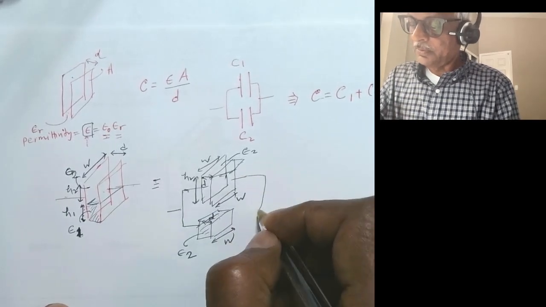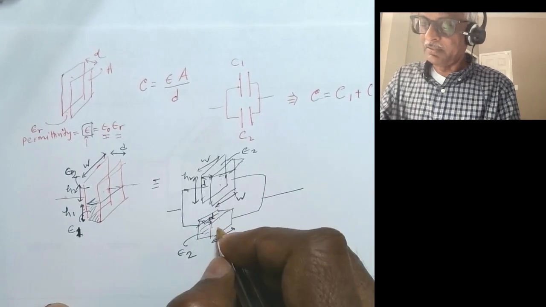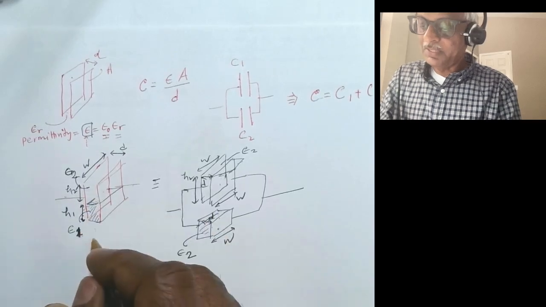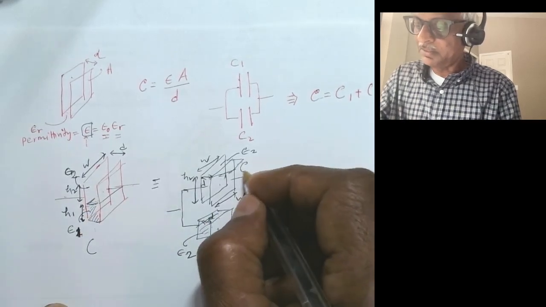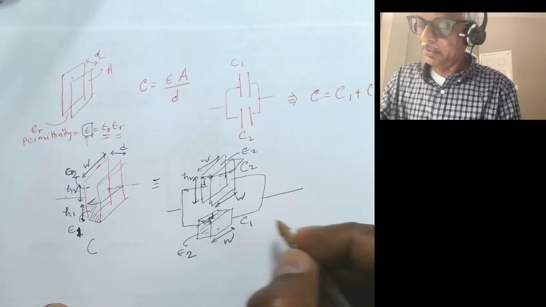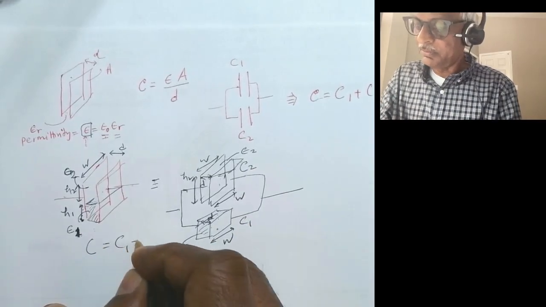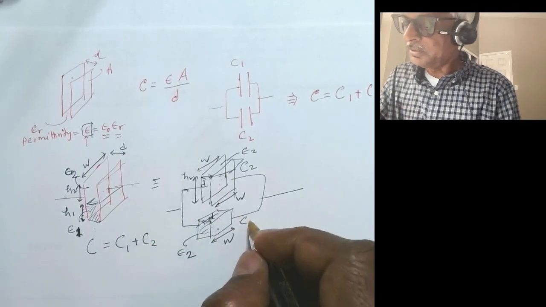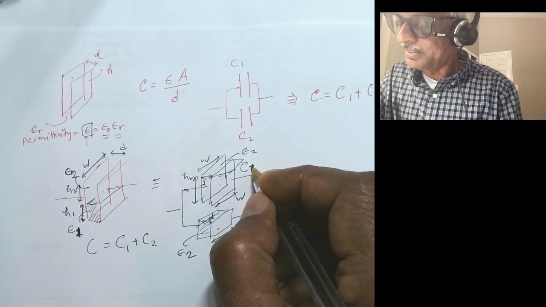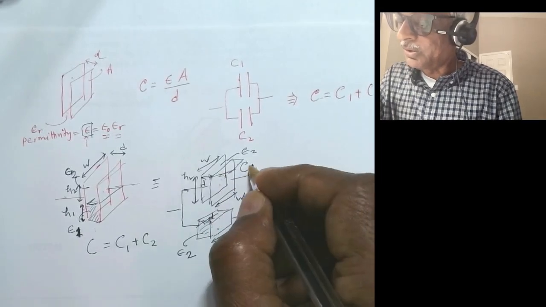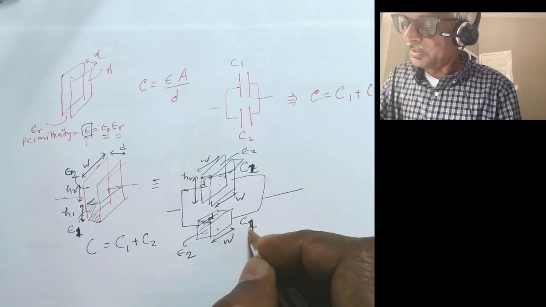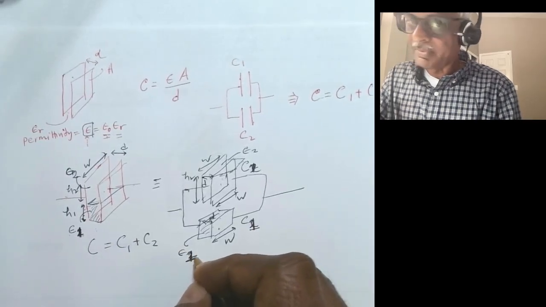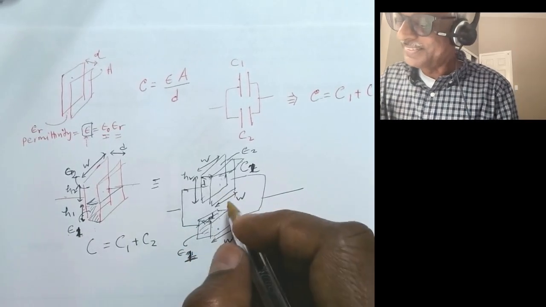So the capacitance will be C1 plus C2. I keep mixing up 1 and 2 here.